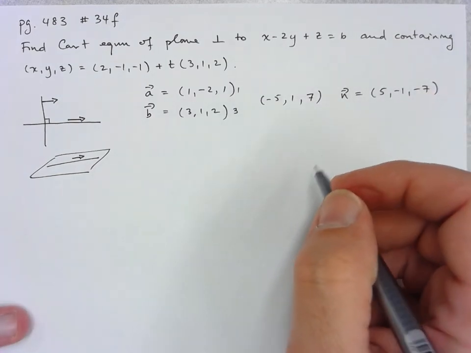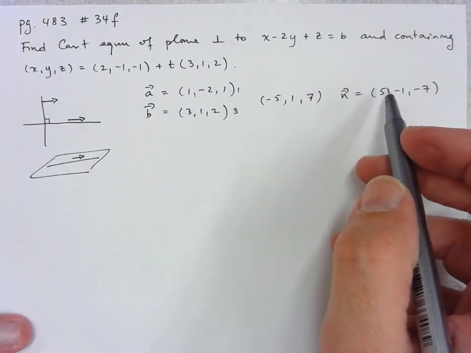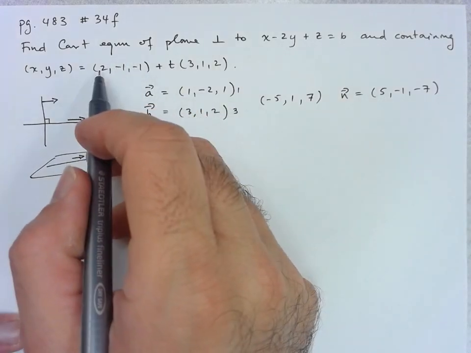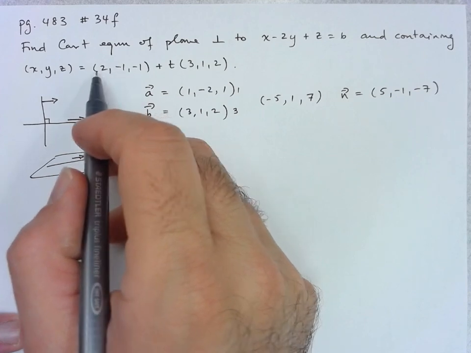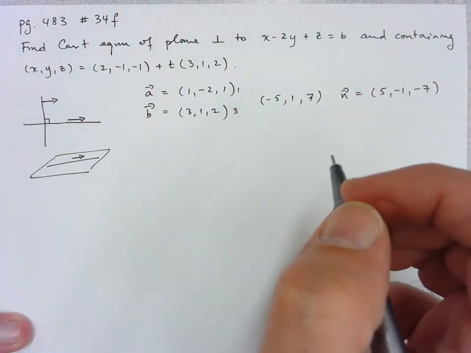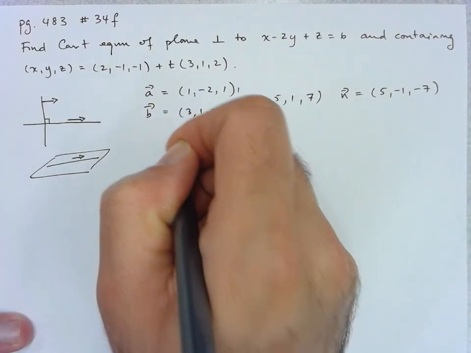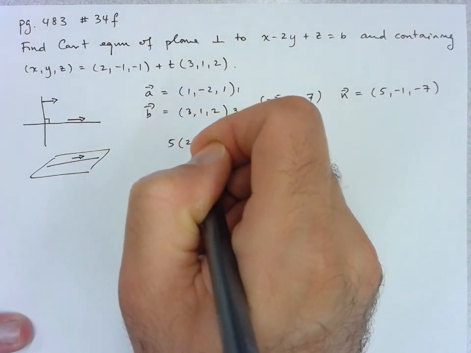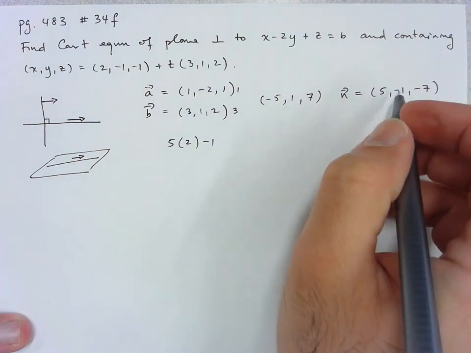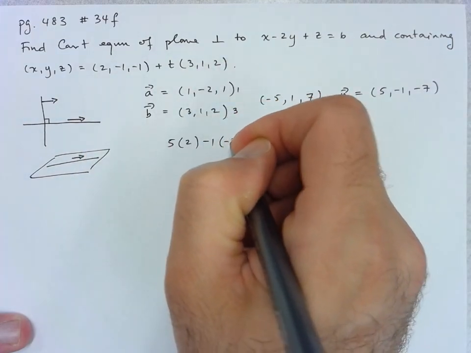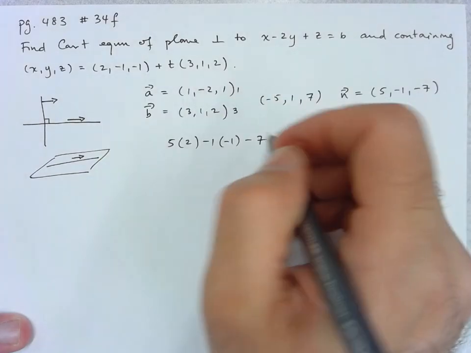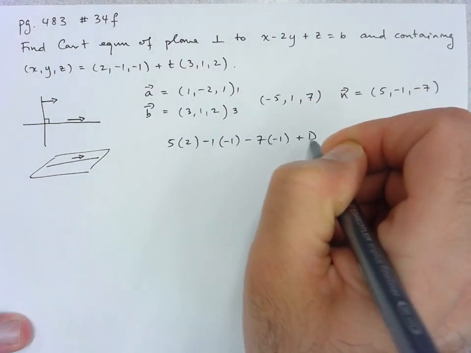Now that I have the normal vector and a point on this plane, because I know 2, -1, -1 is on the line, which is on the plane, so the point is on the plane, I can just find the d value here. So 5 times the x component of the point, 2, minus 1 times -1, and then minus 7 times -1, plus d is equal to 0.